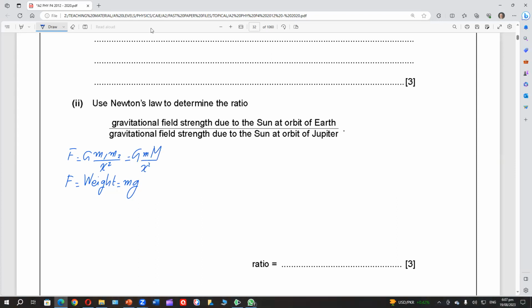If you compare them, if you equate them, then mg will be equal to GMm upon x square. Gravitational field strength means g. So now you can make the ratio.